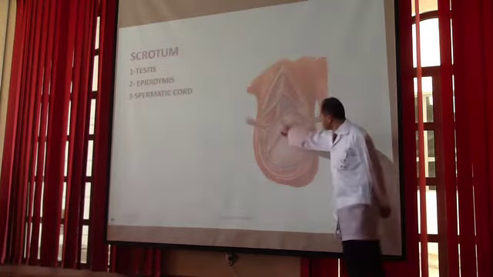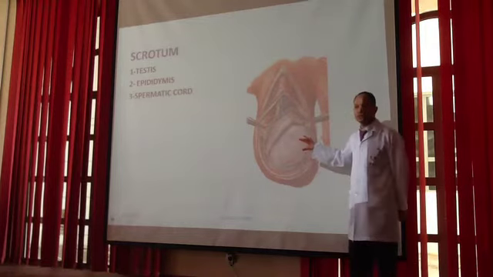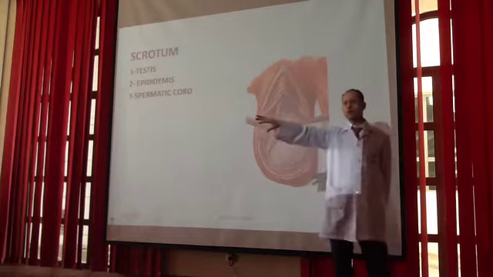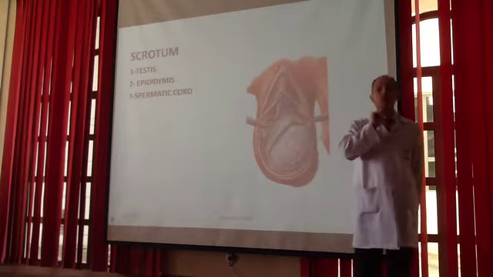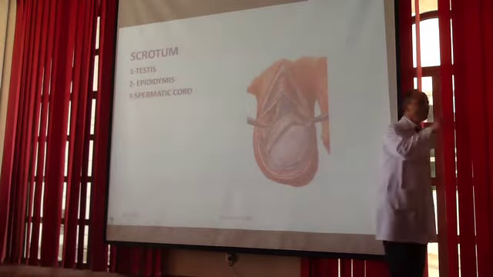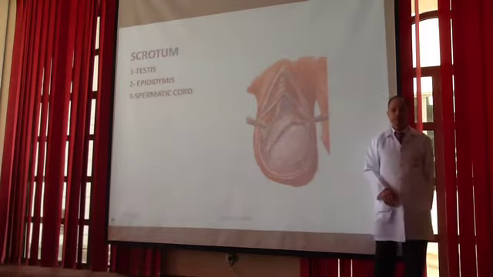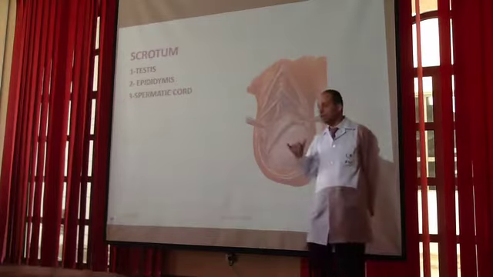And we have here, in the same compartment, the epididymis. The testis produces testosterone and the immature sperms, but the site of maturation is the epididymis. So is the epididymis inside the pelvis?